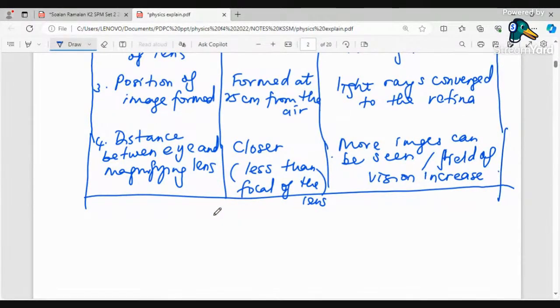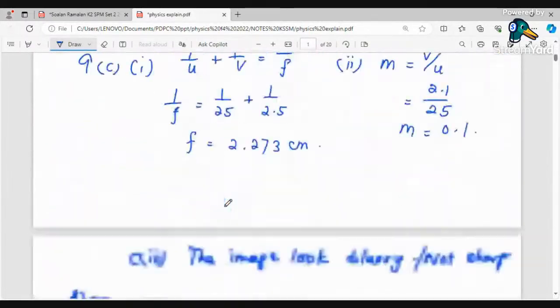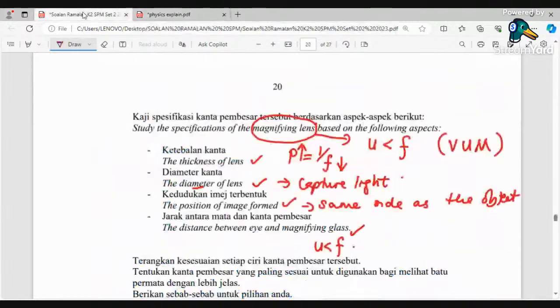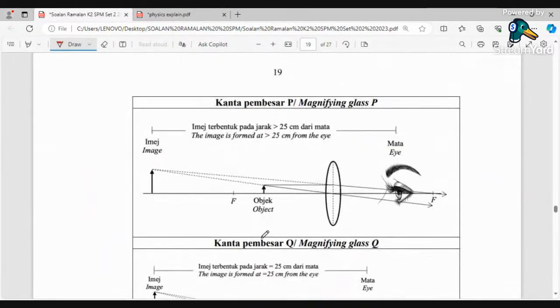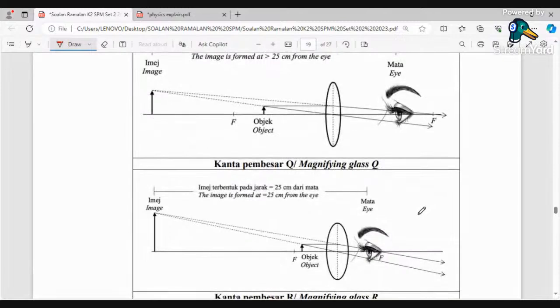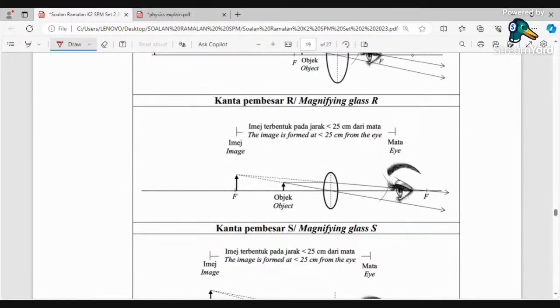Okay, you dah explain semua. Ini you dapat 8 markah. Jadi berdasarkan aspek yang kita pilih tu, jadi you akan tengok yang mana. Which one you will choose. Okay, all this one actually the first thing tadi you kena choose yang distance dia ialah 25 cm. Kalau yang less ni kita tak mau.